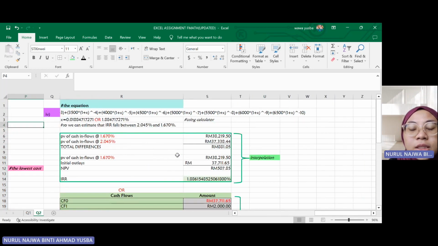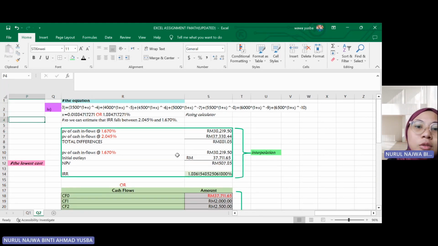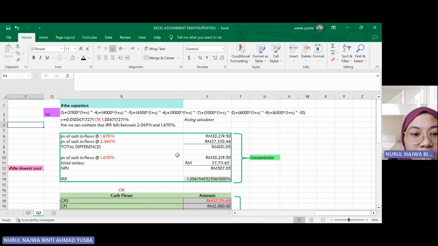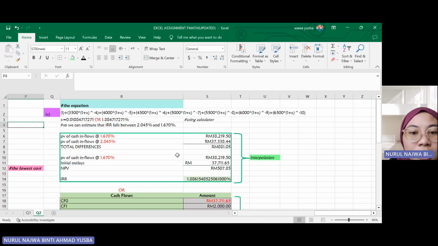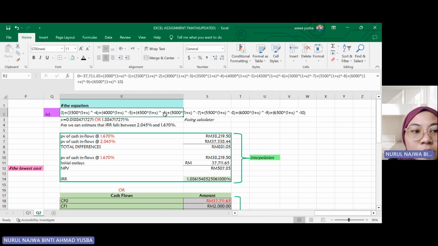The last question requires calculating IRR. Here I'm showing two methods. The first one, I'm using the equation, but I do the calculation in Excel. This is the equation, which is IRR is when NPV equals 0.